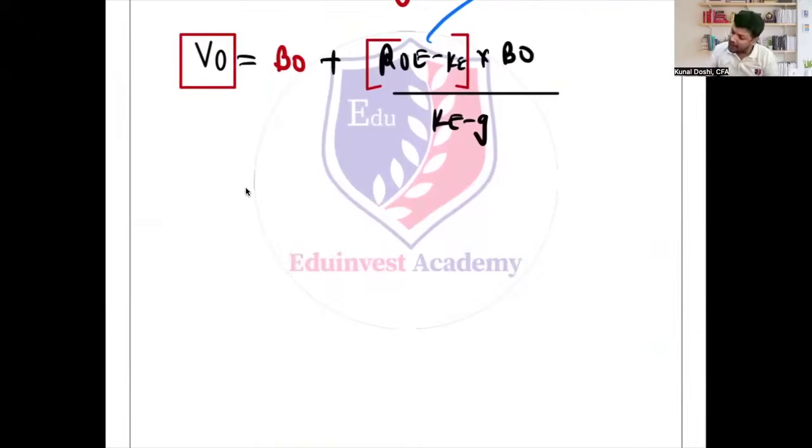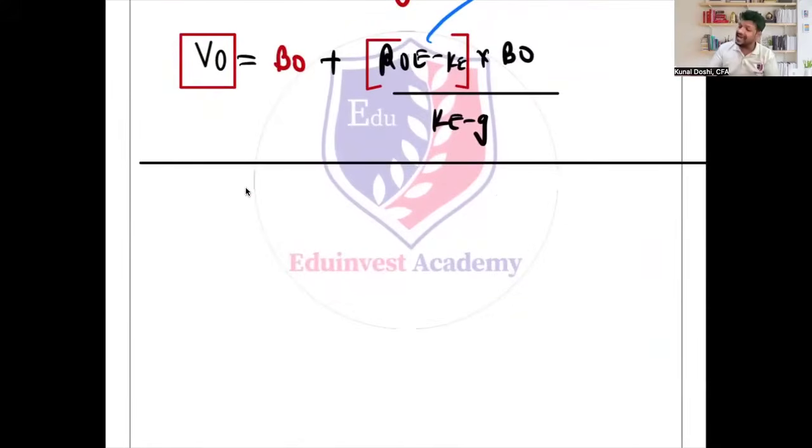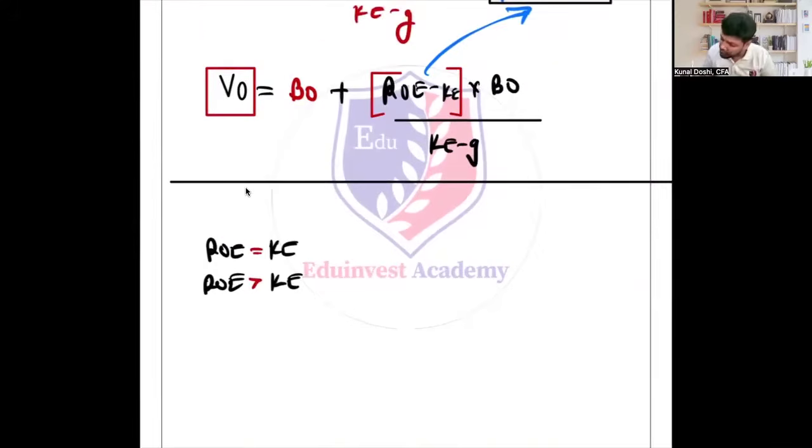So if I conclude here, what is the most important conclusion that we did, if the ROE is greater or less than cost of equity, what will happen in that case? First of all, if ROE is less than cost of equity, there's no point of doing the business. So let's assume those two more practical scenarios: if the ROE is greater or equal to the cost of equity, in that case, what will happen to my valuation compared to the book value?